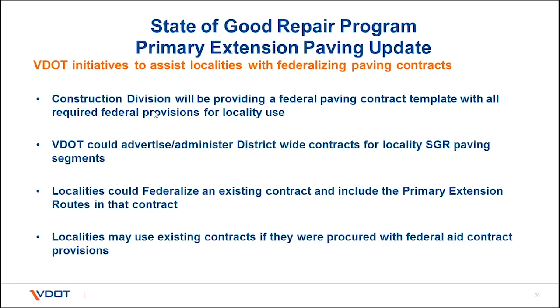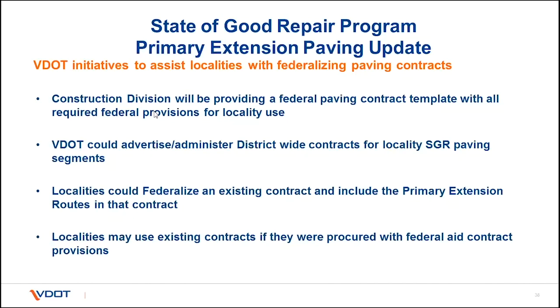The next option would be for VDOT to advertise and administer the contract on behalf of the locality, knowing some of the constraints, maybe it being very small segments and there not being a cost to benefit from the perspective of procuring a contract for a very small segment. That would be one option, and depending on the size of the district, we would need to wait to see what that looks like and how many want to participate in that type of approach.